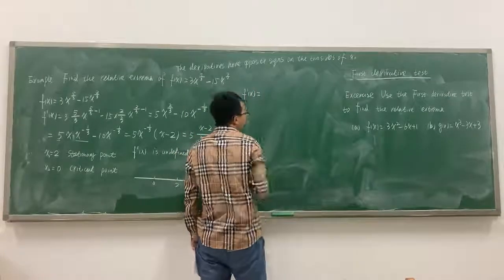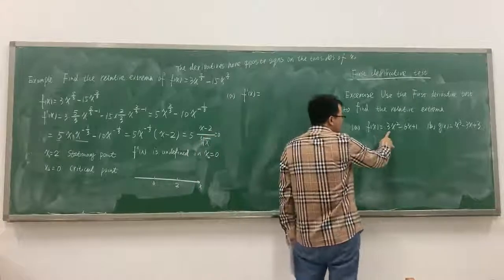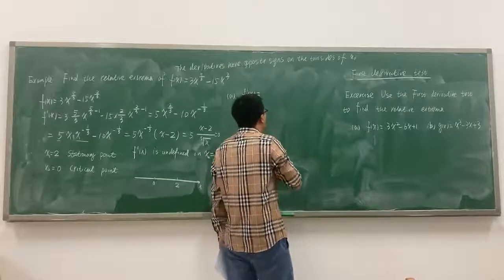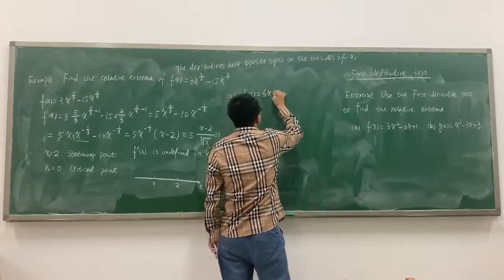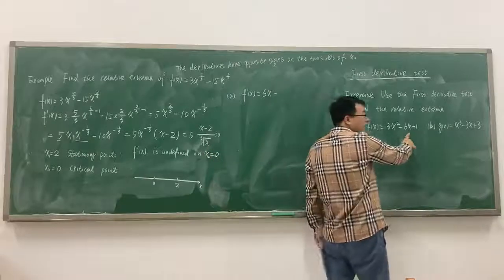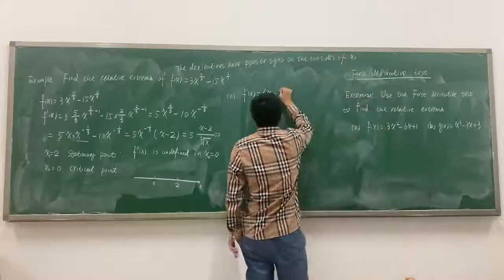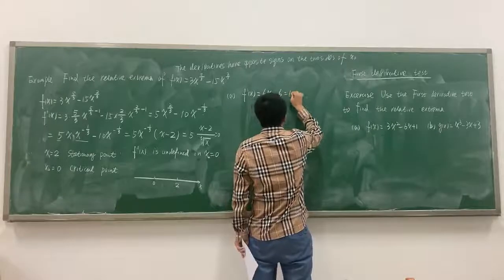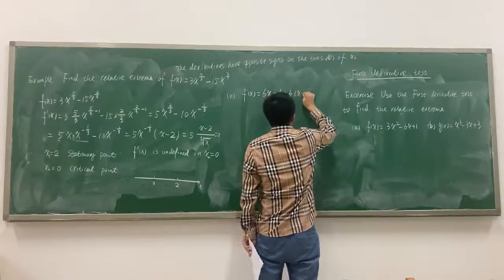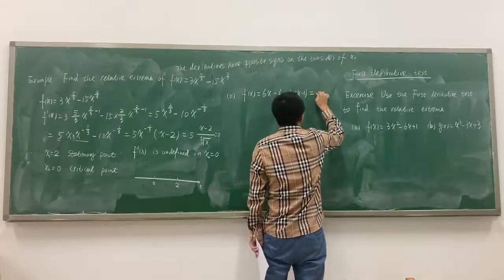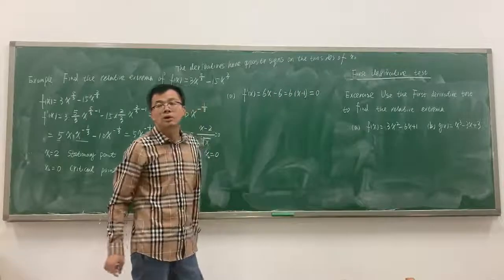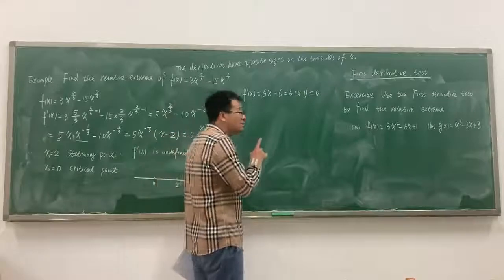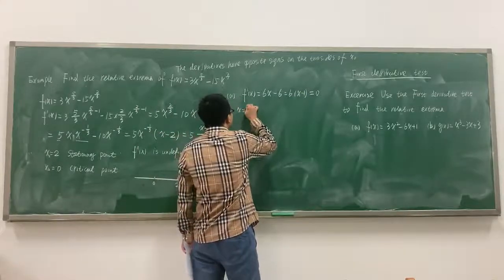The derivative is 3 times 2 times x, so it's 6x minus 6, plus 0. So here is equal to 6x minus 6, that is equal to 0. From here we can see that x equal to 1.